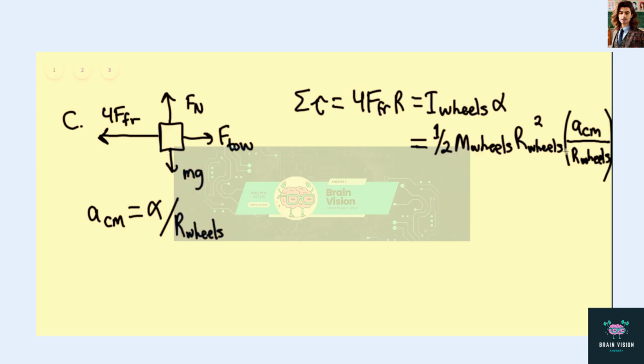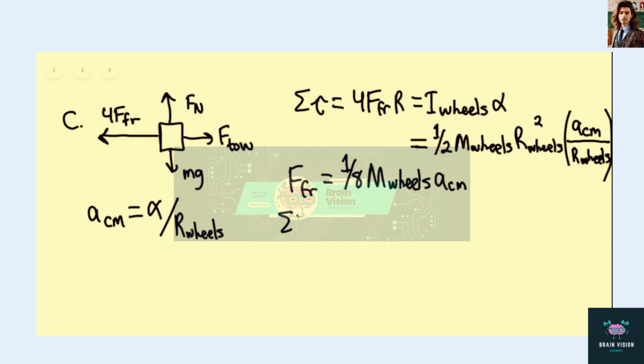Sorry for it being so cramped. And so we see that the force of friction is then going to be simply equaling 1/8 times the mass of the wheels multiplied by the linear acceleration of the center of mass.